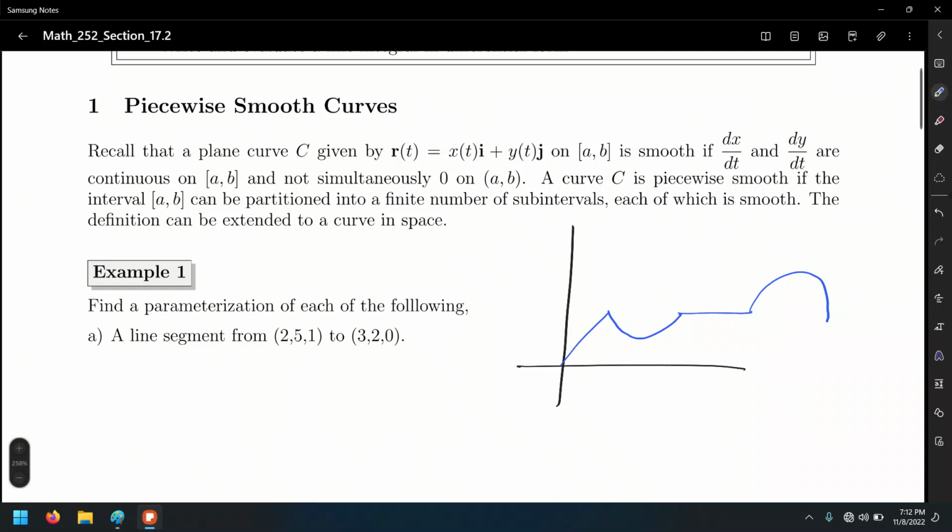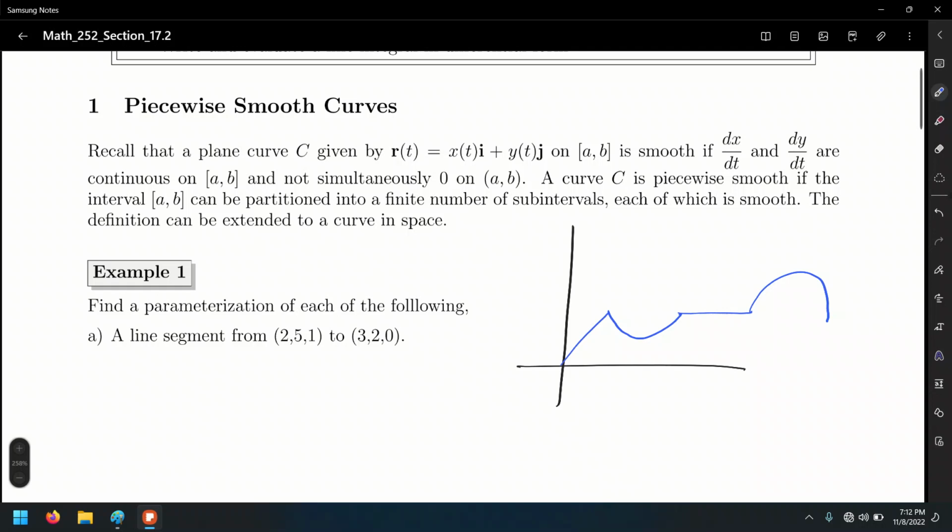However, in this case, if we wanted to evaluate an integral, or rather to describe this function, we can notice over here this sharp corner, this other sharp corner, another sharp corner. The function's derivative is not defined on those sharp corners.